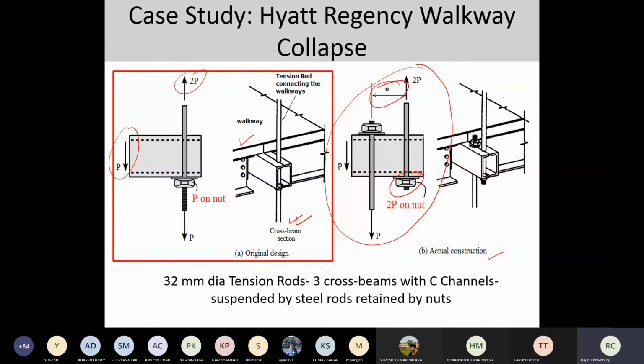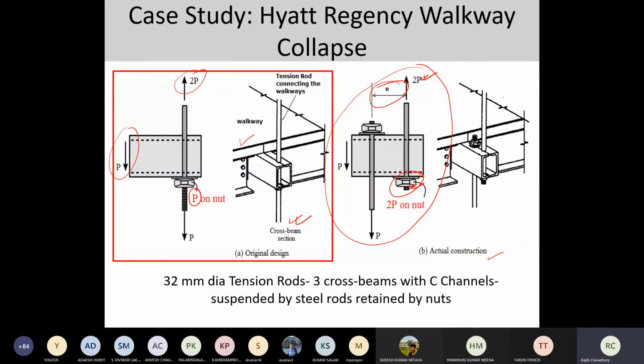First of all, there are two incidents happening over there. This is a 2P. The knot has been designed for the load P. So the knot has failed. Along with that, a couple forms. So due to this, the entire thing collapsed.